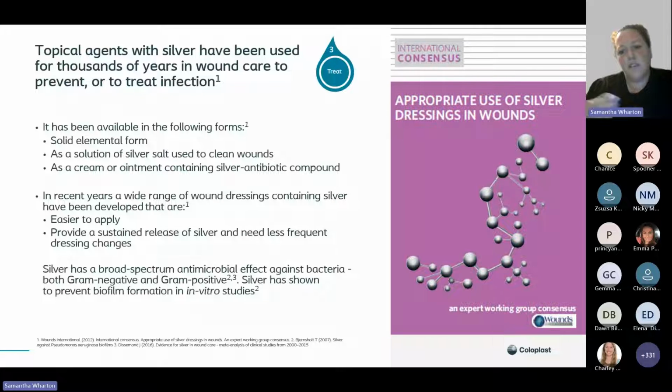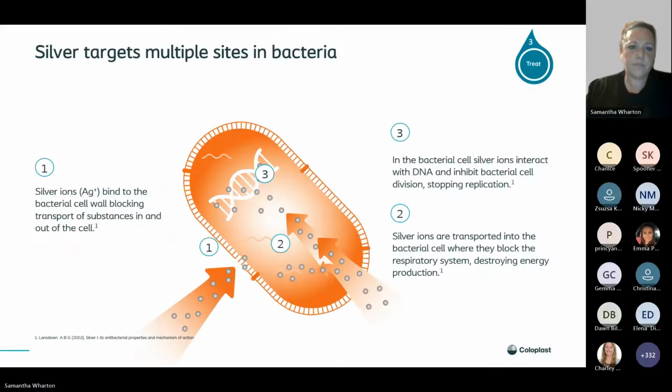So you're not having to continually reapply to get that antimicrobial effect. Silver has a broad spectrum antimicrobial effect against bacteria, both gram-negative and gram-positive. It's also been shown to prevent biofilm formation, which is why in the international guidelines it's cleansing, applying a dressing, and then that active agent to suppress those biofilm forms.